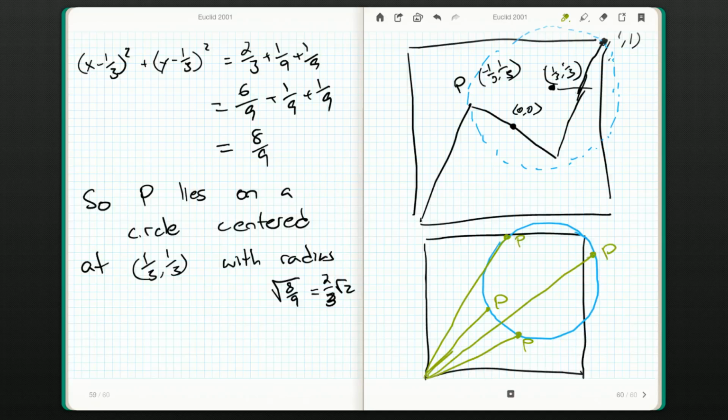So each position of P on this circle gives us a particular angle between A, D, and P. So we want the smallest angle.